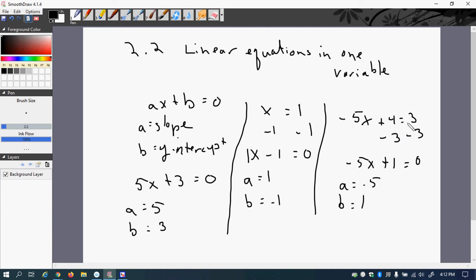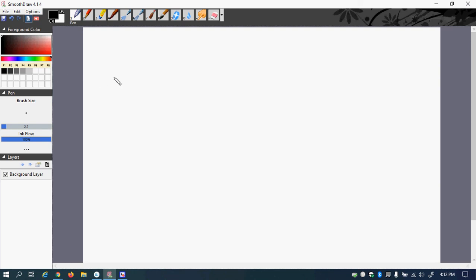Okay, let's look at another setup. Again, we're still looking for ax plus b equal to 0, which is our linear equation in one variable. What about 2.5x equal to 0? Would that one work? Well, it doesn't look like there's a b there, and you may be confused that there should be one.